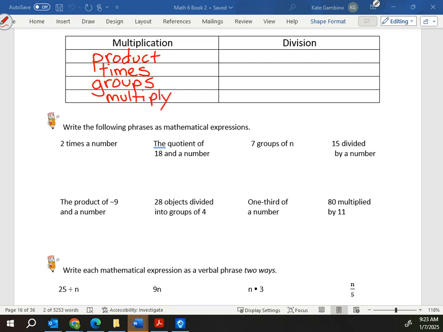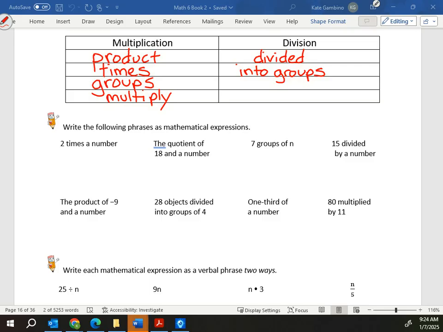Okay. Now let's look at division. What would be some division words? Adeline: divided. Sophie: into groups of. Put into groups of 7, so we're dividing 35 by 7.